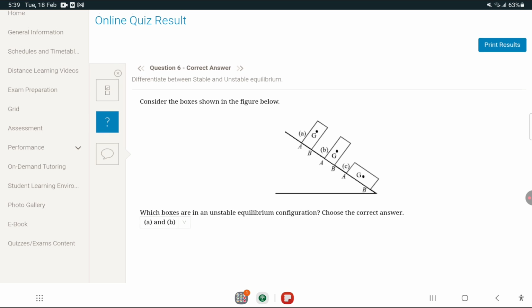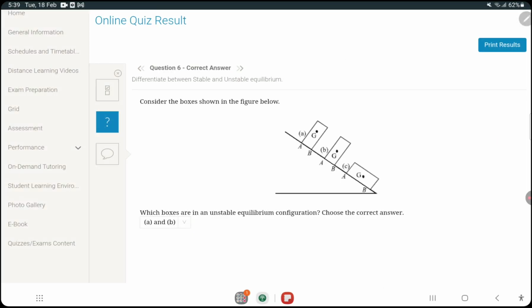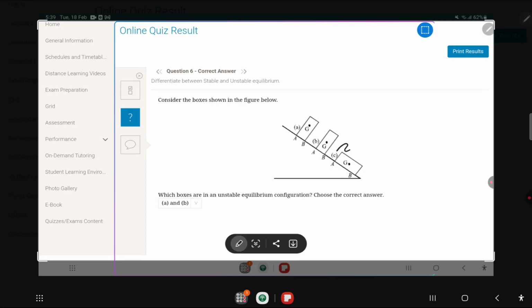Okay, which boxes are in an unstable equilibrium configuration? Here it is just logic. All you need to do is use your eyes and look. Which here is most likely going to flip over and fall, for example. Right here I can say that block C has more grip onto the surface because it has more surface area on the surface.